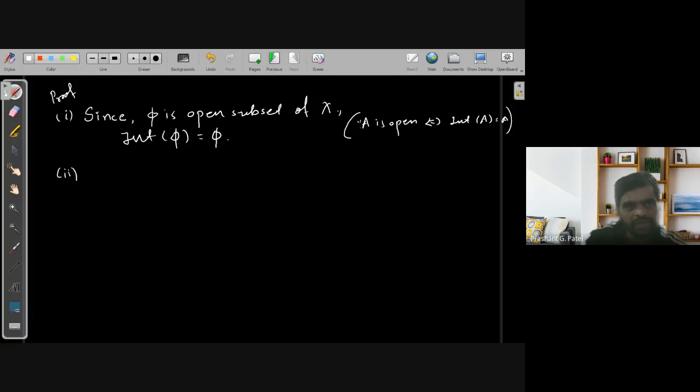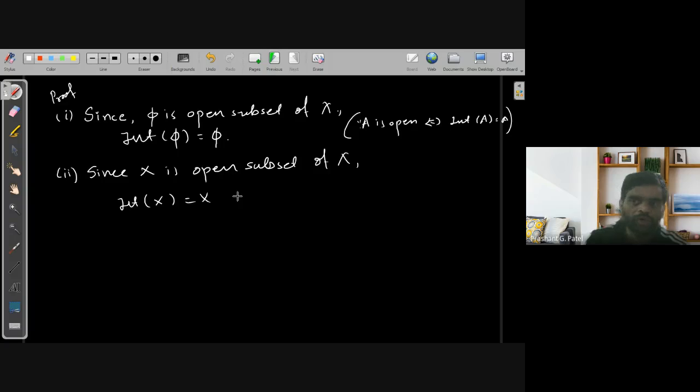Same way, the second one is interior of X is X. Same reason. Since X is an open subset of X, hence interior of X will be X due to the same reason, that is A is open if and only if interior of A is A.